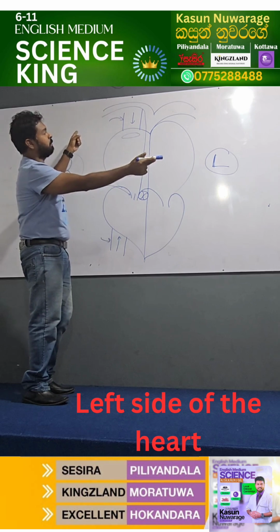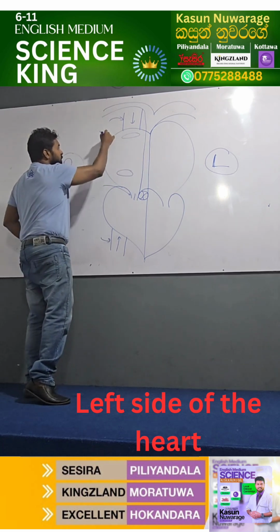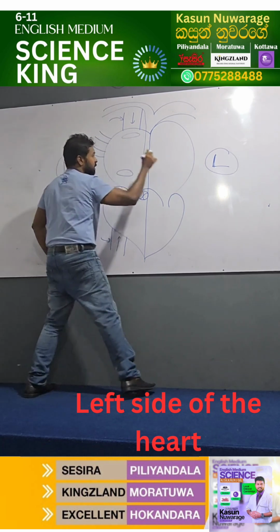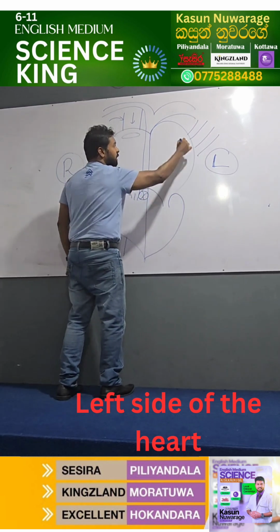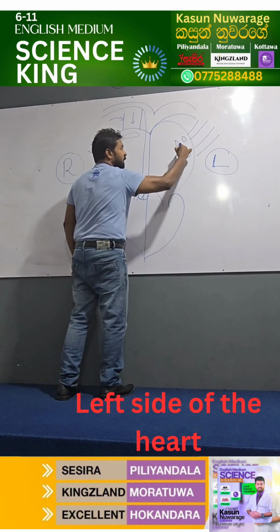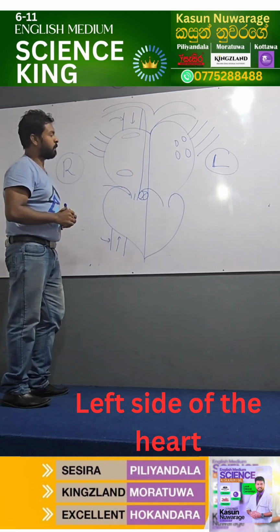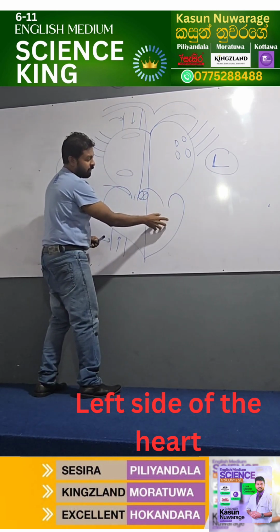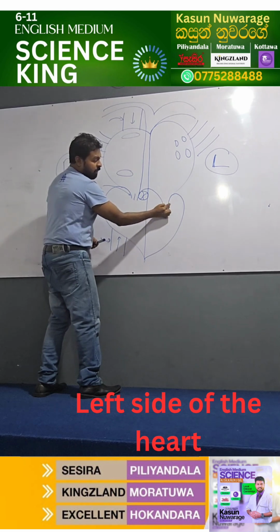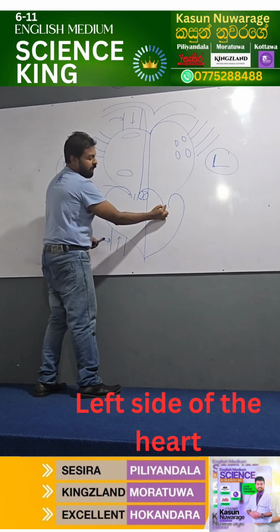That oxygenated blood is coming from the pulmonary veins. There are 4 pulmonary veins which open to our left atrium. That blood is moving to the left ventricle through this bicuspid valve.